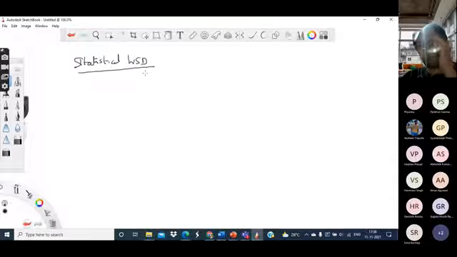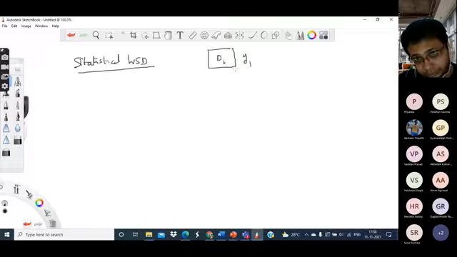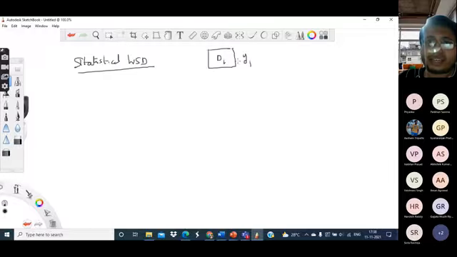We are saying that there are documents like this, and each document is associated with a label. And what we had to do is, given a document D, we had to predict its label, something like this, right?